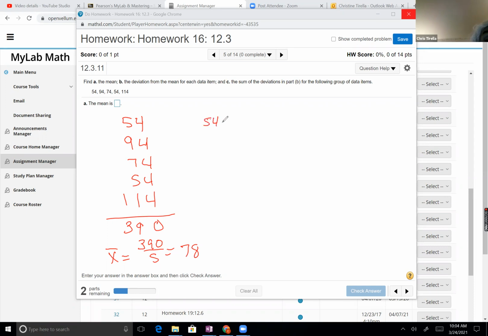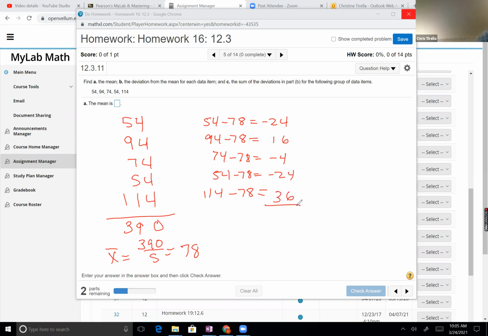So 54 minus 78 would be negative 24. 94 minus 78 would be 16. 74 minus 78 would be negative 4. 54 minus 78 would be negative 24. And 114 minus 78 would give me 36.